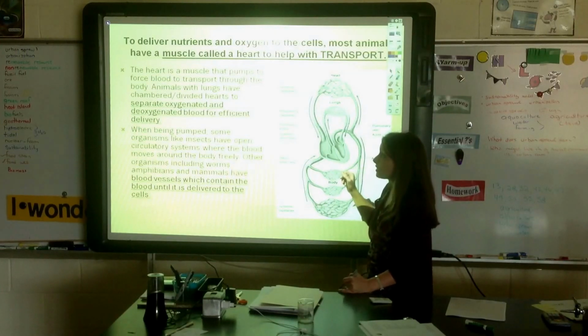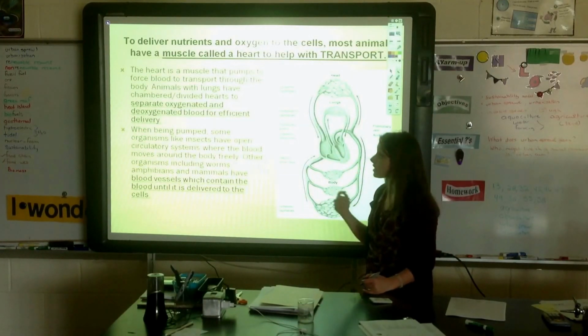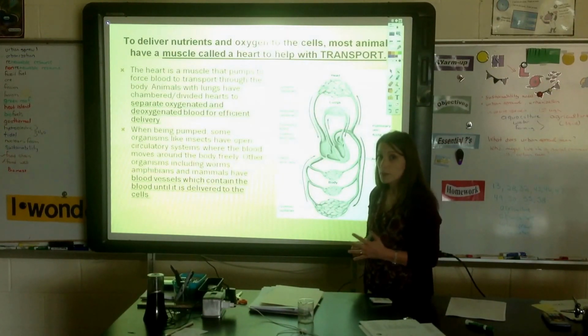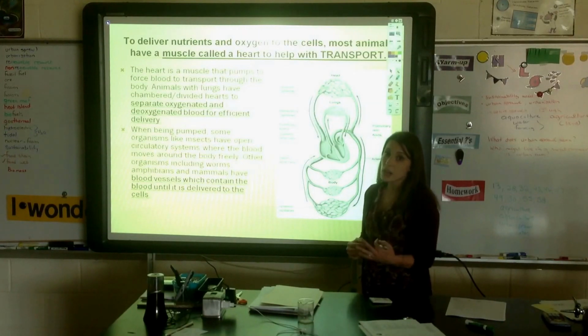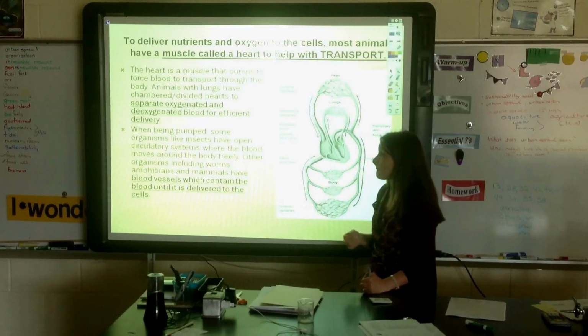Animals with lungs have chambered or divided hearts to separate oxygenated and deoxygenated blood for efficient delivery. So if the animal has lungs, its heart has different rooms or chambers to separate the blood.